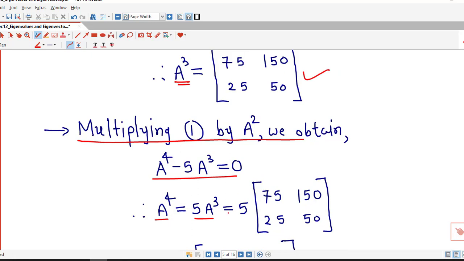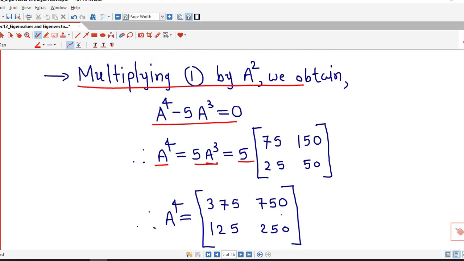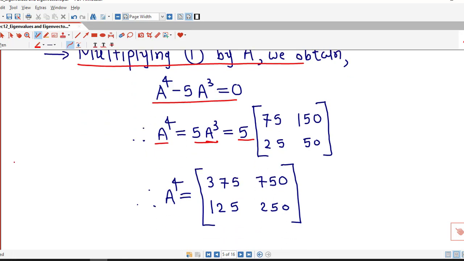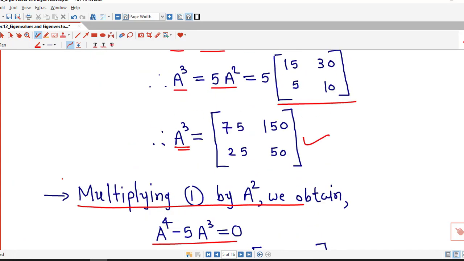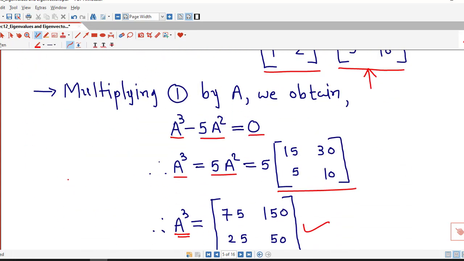So we multiply each entry of A cube by 5 and we obtain A raised to 4. So here we are able to calculate different powers of matrix A without applying matrix multiplication. We are just applying the Cayley-Hamilton theorem to calculate these different powers of A.